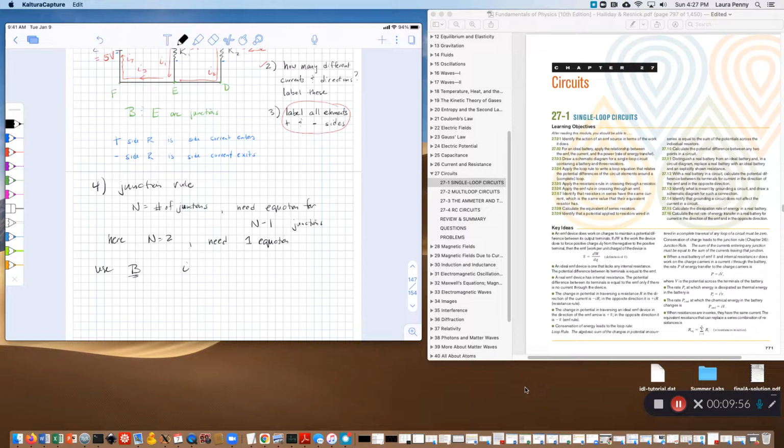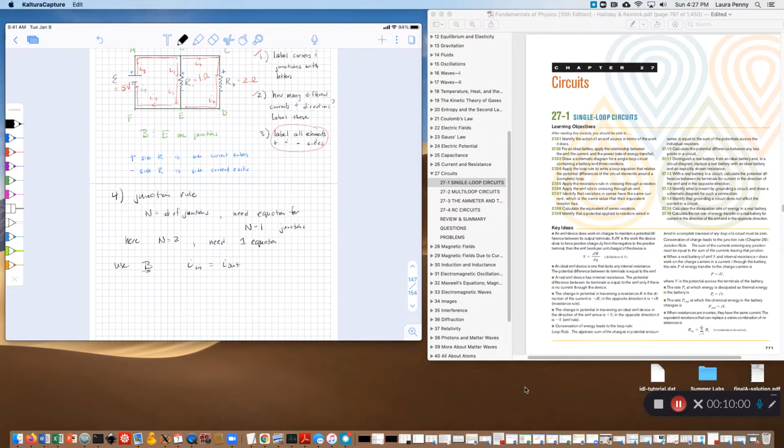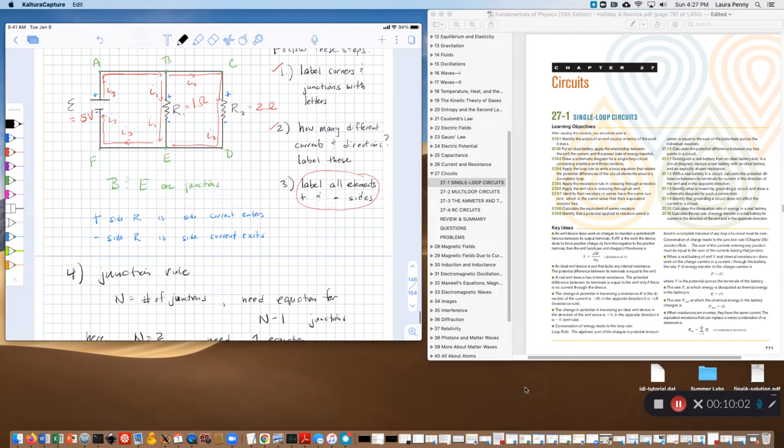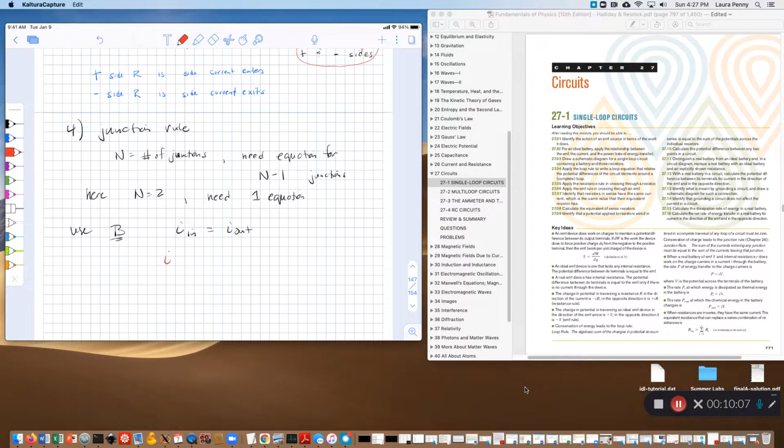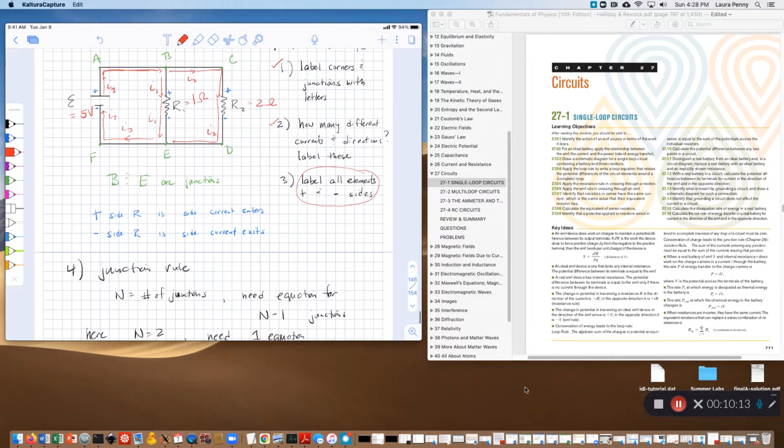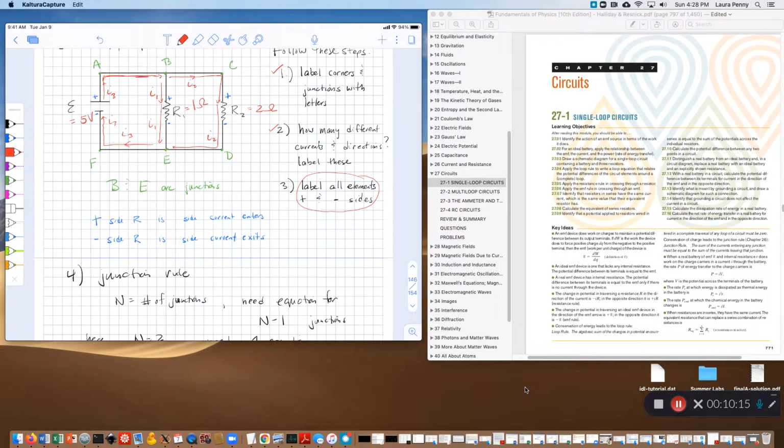And again, I'm trying to say that the current in equals the current out. Well, at junction B, the current in is I3. And the current out is I1 and I2. Right? Current in to B is I3.